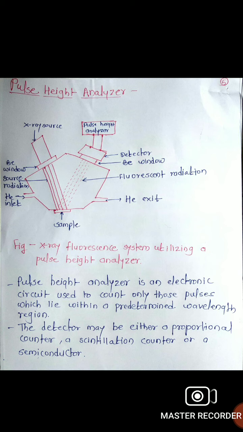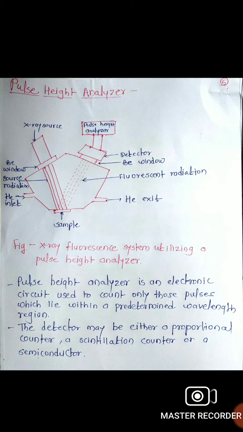Here are the detector, beryllium window, and fluorescent radiation. These are the fluorescent radiation. Here is the helium exit, that is, this is the helium atmosphere. By this beryllium window, this fluorescent radiation passes towards the detector, and after the detector it goes towards the pulse height analyzer.